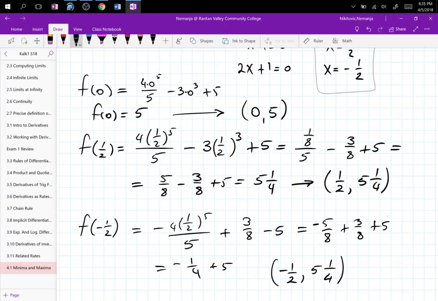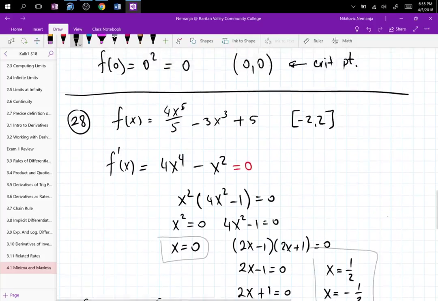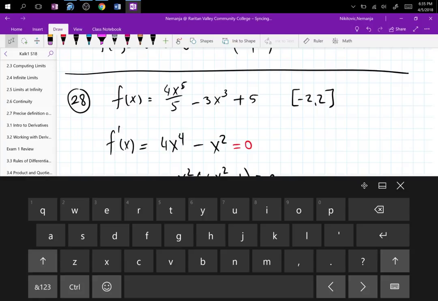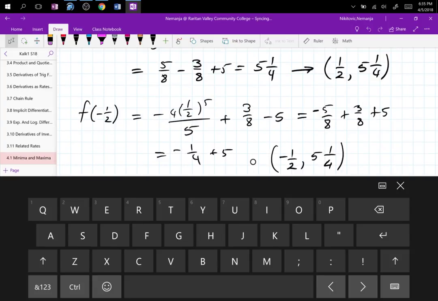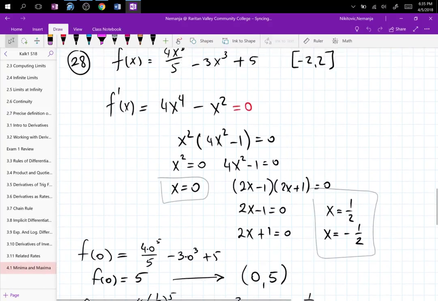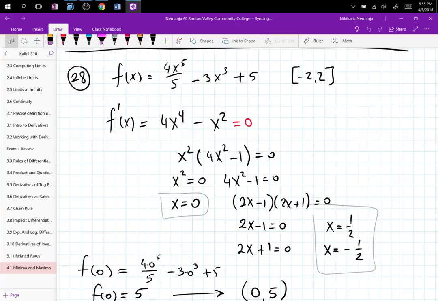Can anyone tell me what I did in this problem from scratch to finish? What have I done? What did we go through? Critical points, right? What I have done in this example is I took the function 4x to the 5 over 5, and I found its derivative.